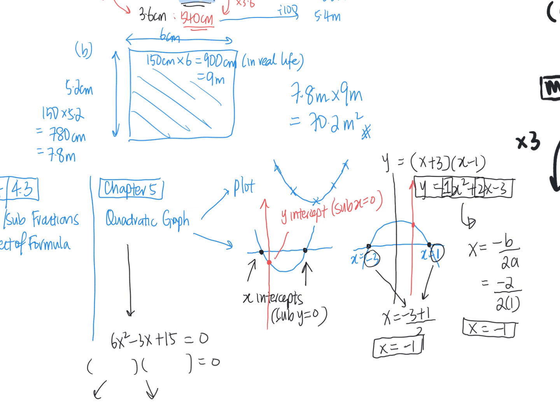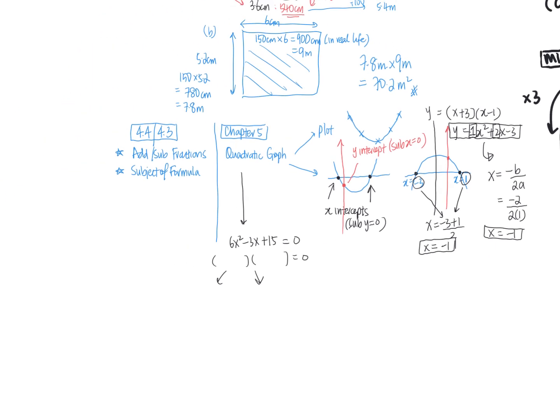So quadratic, they can test you these three main things. Either they give you the plotting, and then you go and read. Or they give you this, ask you to find x-intercept, y-intercept, and anything they want. Okay? Or they give you a quadratic expression, you go and factorize and solve. So chapter 5, this is all they can test you.